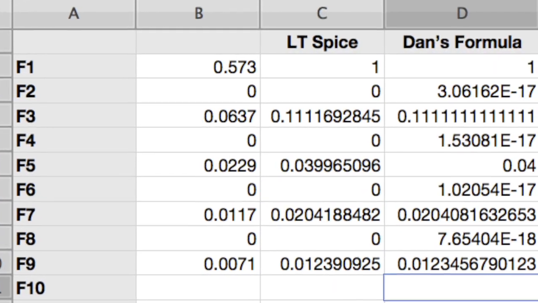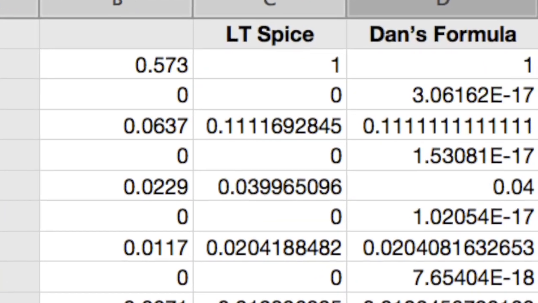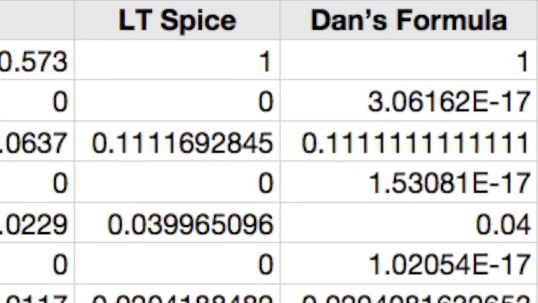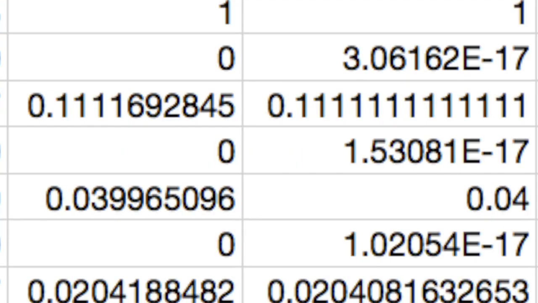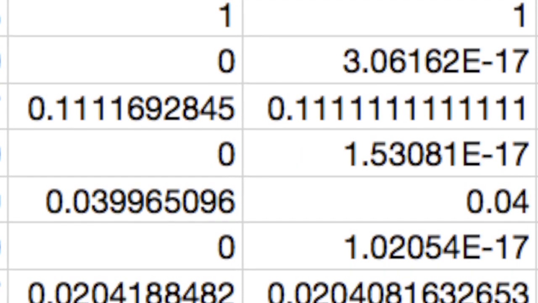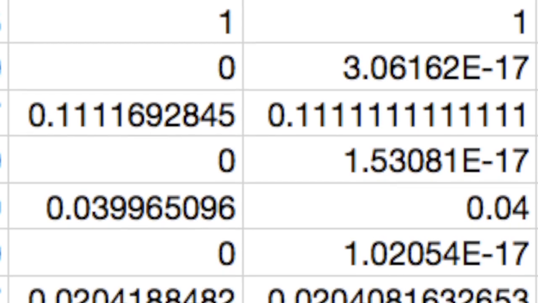That basically is 0. The third harmonic is 0.11111 because of harmonic squared. Remember, harmonic squared. So 3 times 3 is 9. 1 over 9 is 0.11111. Okay, so it really works out good.